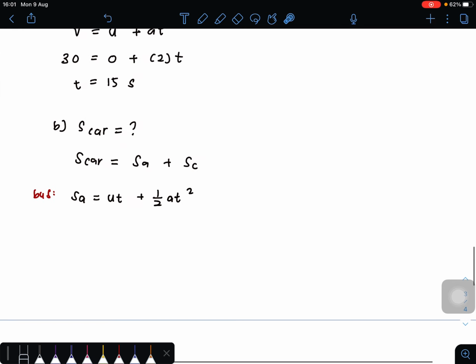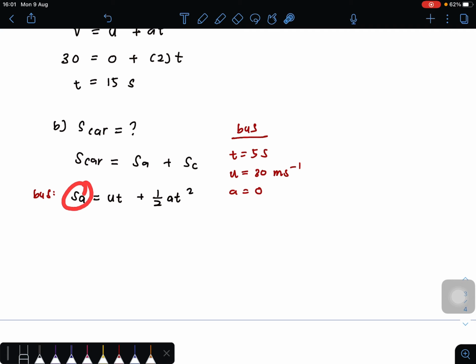So we have the velocity, bus here. The time taken was 5 seconds. And then the initial velocity is 30 meters per second. And then the acceleration is zero. So we can find the value for displacement.